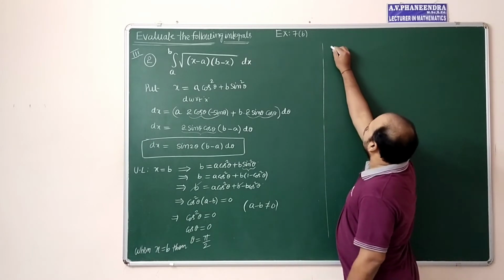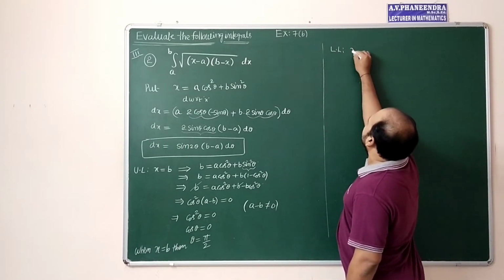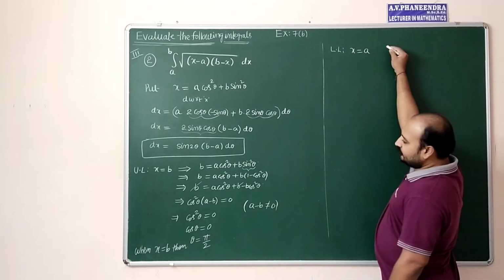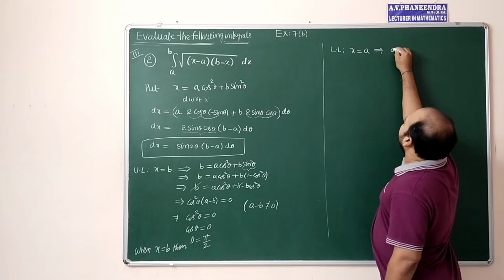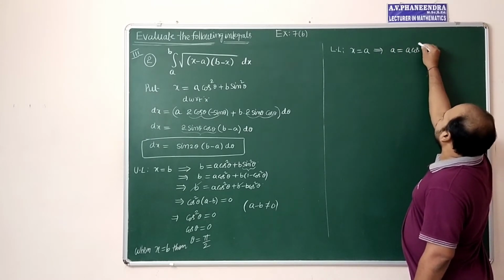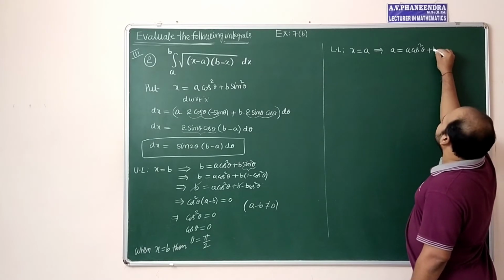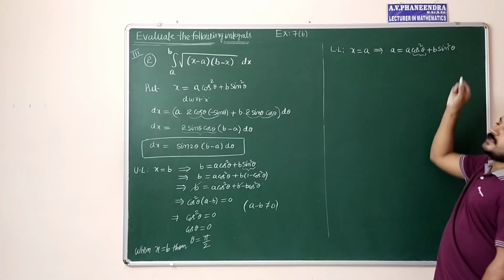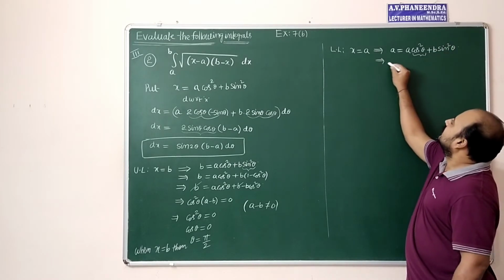And second, the lower limit, when x is equal to a, that implies a equal to a cos square theta plus b sin square theta. So here cos square theta in terms of sine you have to write. Why?